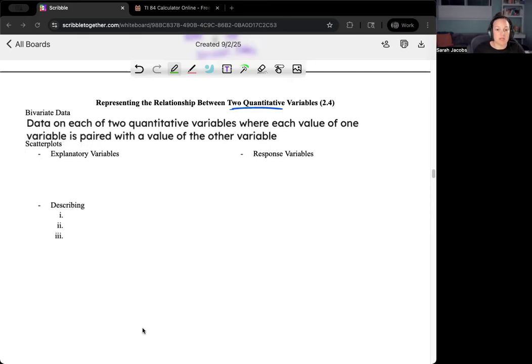All right, bivariate data. So basically, you've been dealing with this for a long time. Back to writing. You've got explanatory variables and response variables. Explanatory variables are sometimes what you would call independent variables. You could also think about this as your X variables or your inputs.